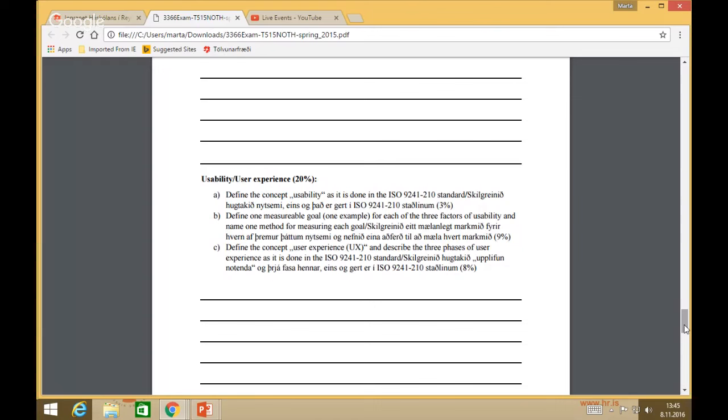What? This is maybe only half because this is actually not a method. It's a group of methods. Here, user testing would probably be one, and this would definitely be one.